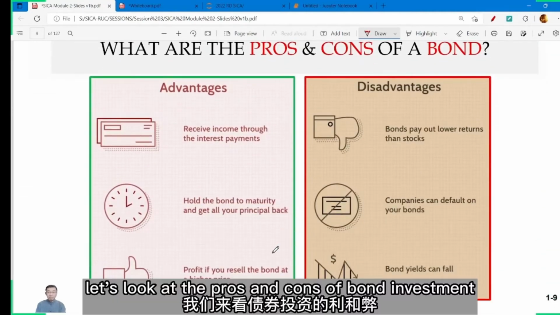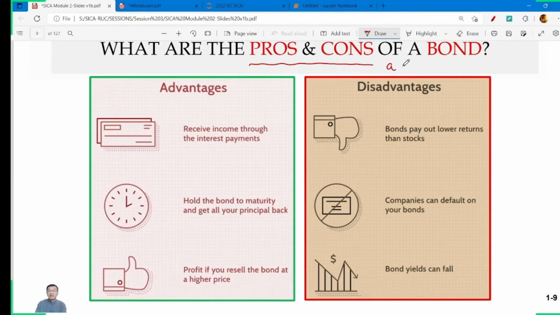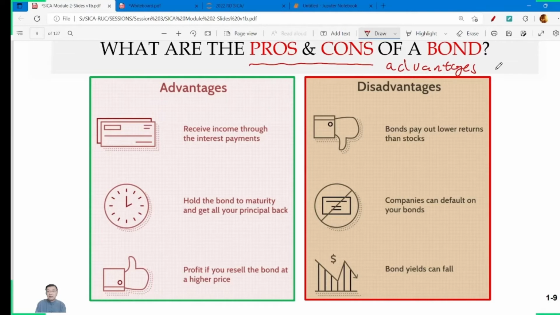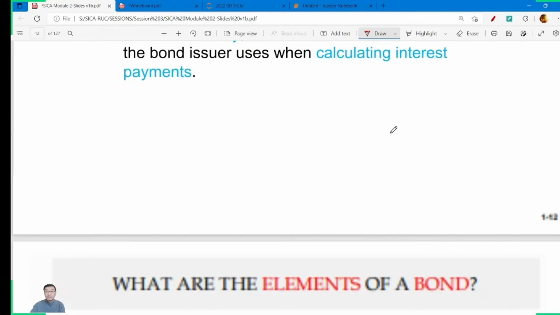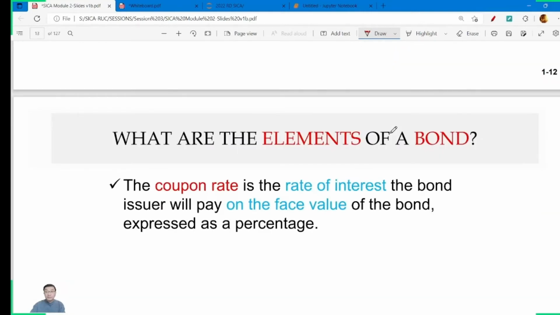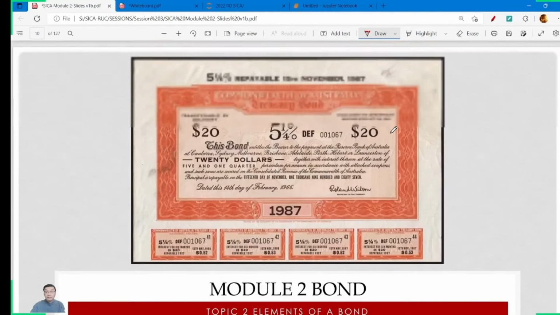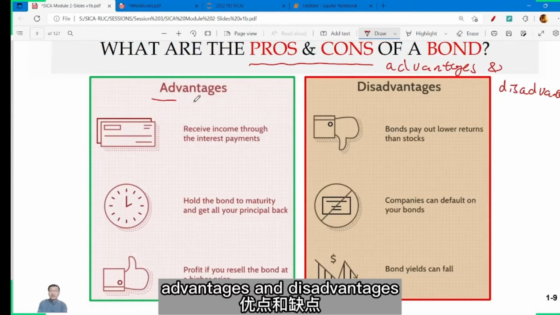Next, let's look at the pros and cons of bond investment. Here, pros and cons means advantages and disadvantages.